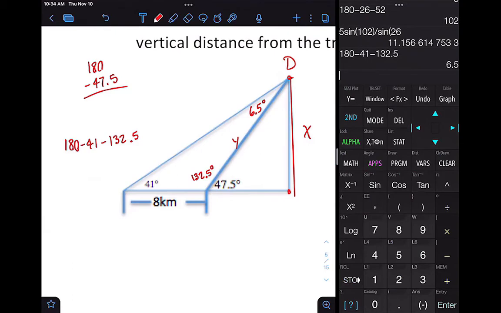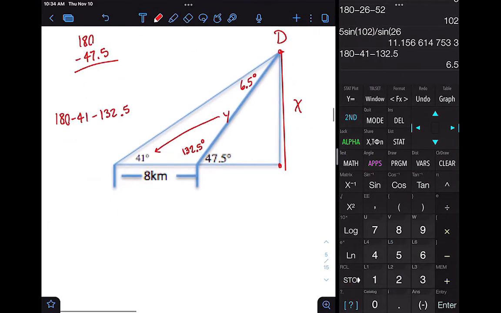Okay, and we're going to find side y. What is side y across from? It's the 41 degrees. And then we're going to use the 8 kilometers. What is the 8 kilometers across from? The 6.5.